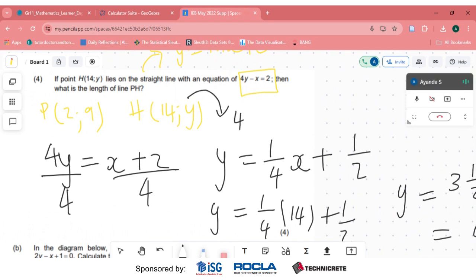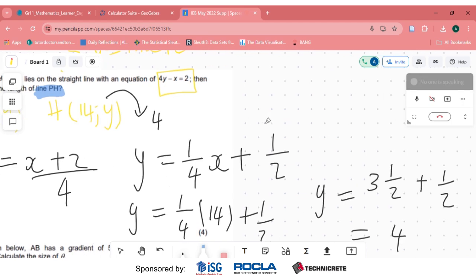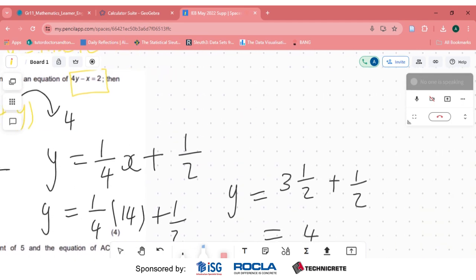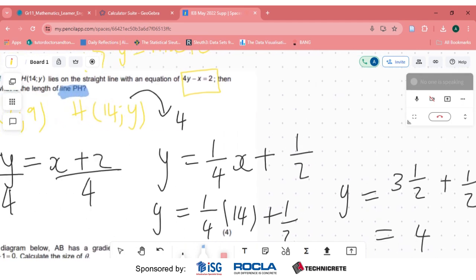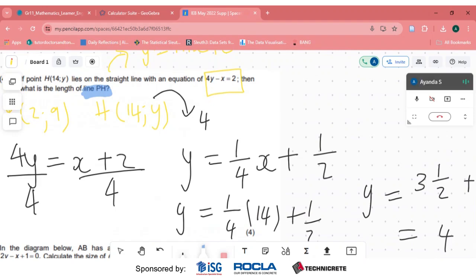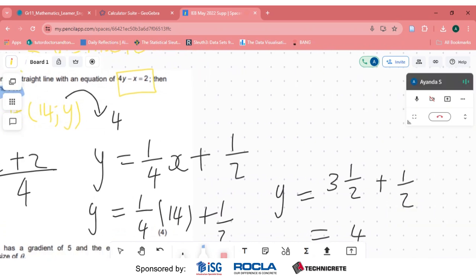We're asked what is the length of PH. So in order to find the length of a line, we can use the distance formula. So the distance formula would be x2 minus x1 squared plus y2 minus y1 squared, all square rooted.